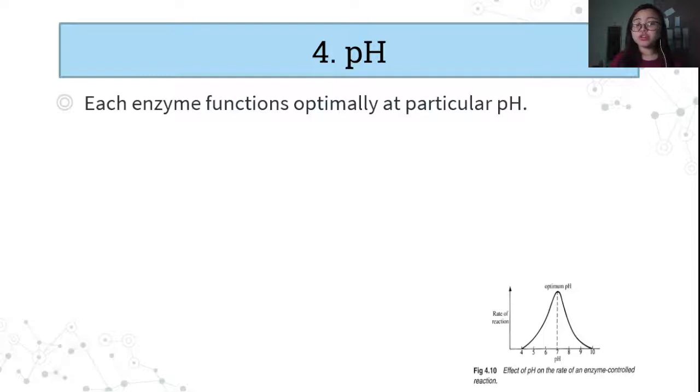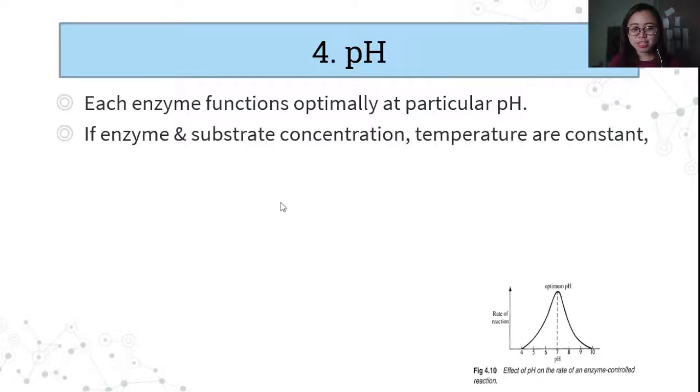And now we move on to the fourth factor, which is pH. Each enzyme will function optimally at a particular pH, also something we talked about in earlier segments of this lesson.